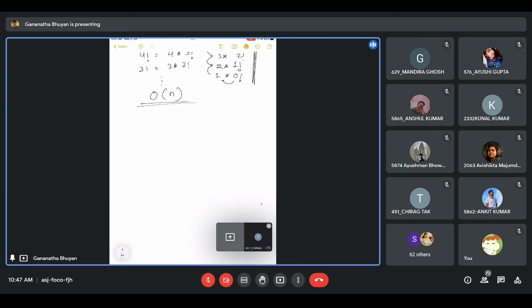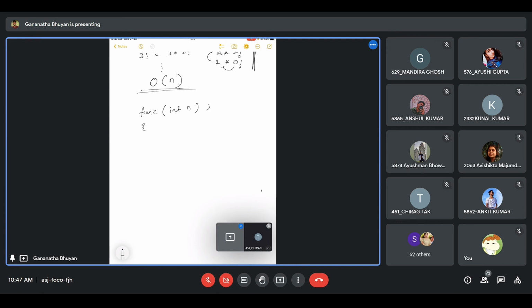Okay, now look at this. Another function is there, and inside that function I am passing int n.